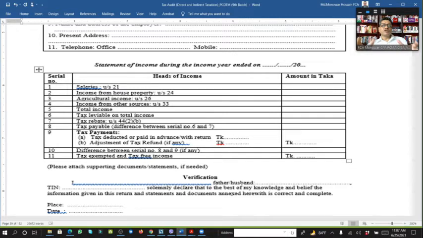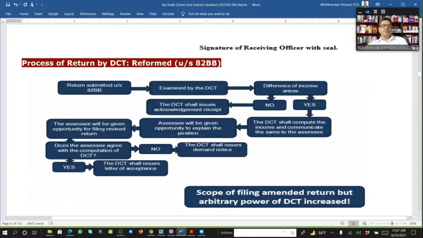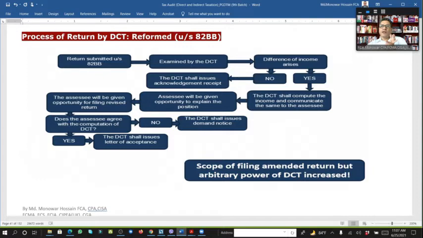So that is the audit point of view for an individual, taking the lifestyle statement, everything. And basically what the DCT is saying is that when we are submitting the return, for example under section 82BB self-assessment, the tax authority says to take last year's total asset and this year's total asset.